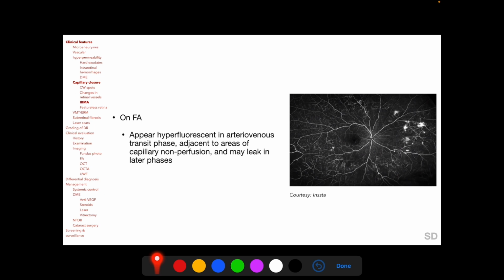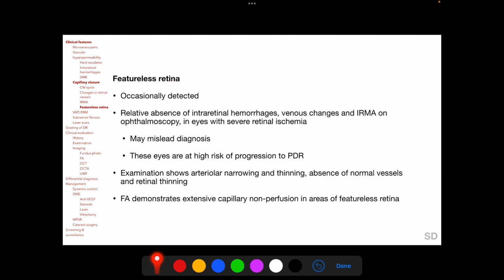Featureless retina is occasionally detected in patients with diabetes, and it is characterized by relative absence of clinical features of diabetic retinopathy such as intraretinal hemorrhages, venous changes, and IRMA, and this typically occurs in eyes with severe retinal ischemia.